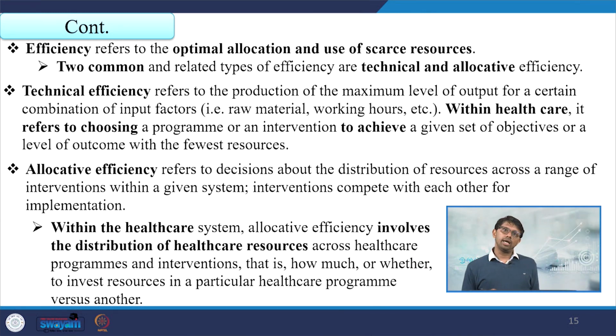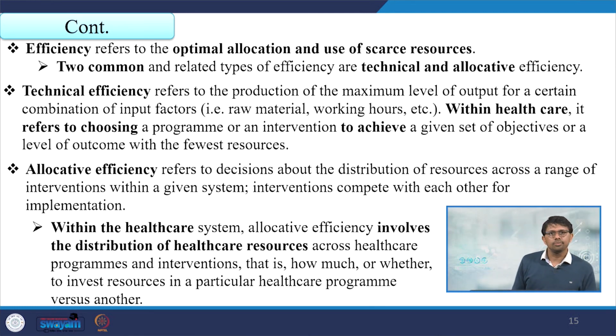Whereas, allocative efficiency refers to decisions about the distribution of resources across a range of interventions within a given system. Interventions compete with each other for their implementation. Within the healthcare system, allocative efficiency involves the distribution of healthcare resources across healthcare programs and interventions. That is how much is allocated, whether to invest resources in a particular healthcare program or not.